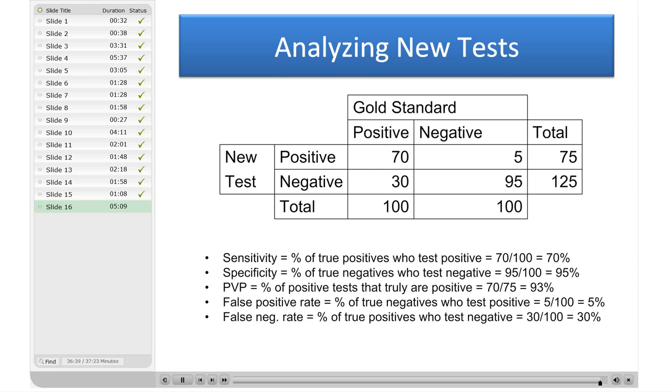Similarly, the false negative rate is the probability that someone who is positive for the disease will actually test negative for it. And so there are 100 people who are actually positive for the disease. 30 of those tested negative, and so the false negative rate is 30 out of 100, which is 30%.